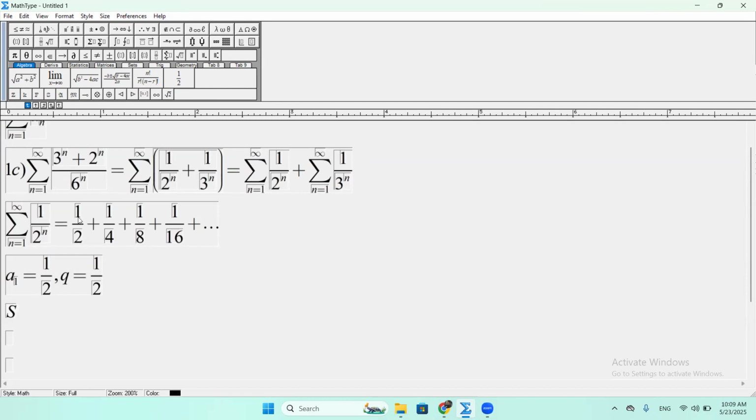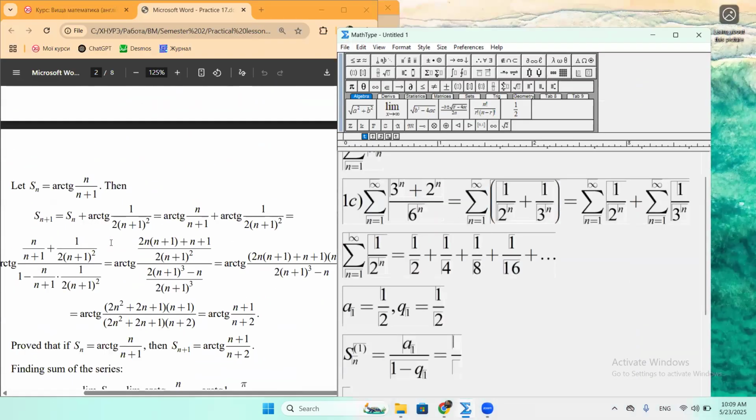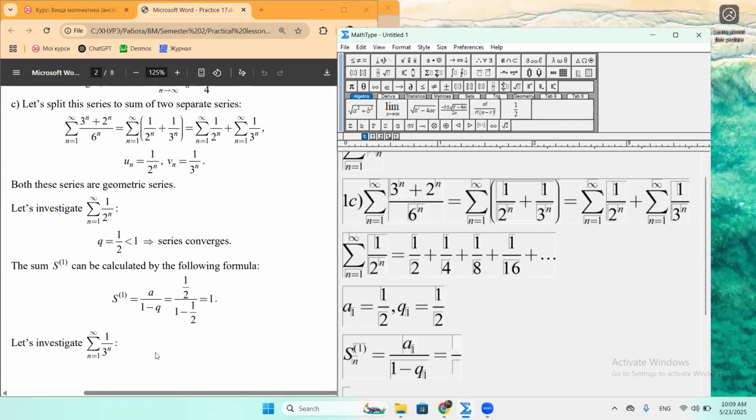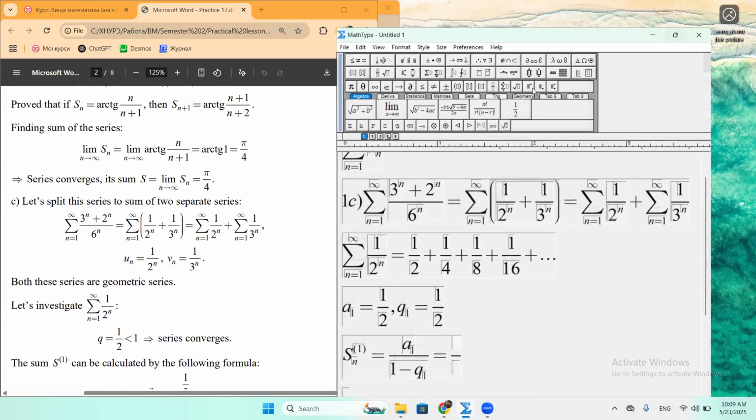Let me write it down like this: S equals A1 over 1 minus Q. Let me check if I didn't forget it. Yeah, A1 over 1 minus Q.